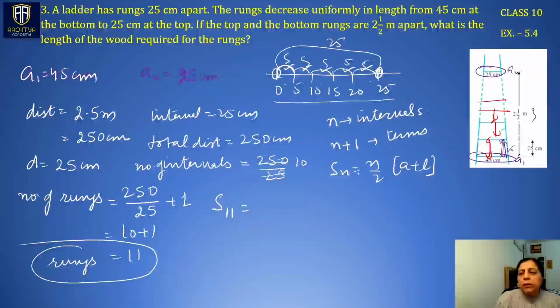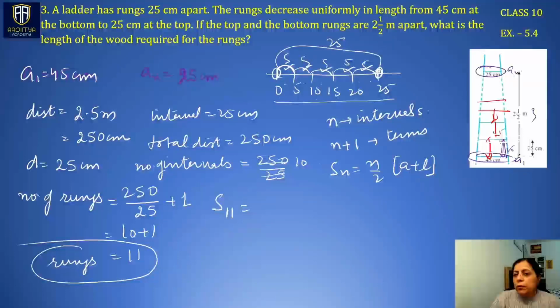Let me be clear. The D in this case is the difference between the length of the second rung and the first rung, but that is not given to us. Don't consider this 25 centimeters as your D. It is the separation between the first and the second rung, and these are the lengths of the rungs.